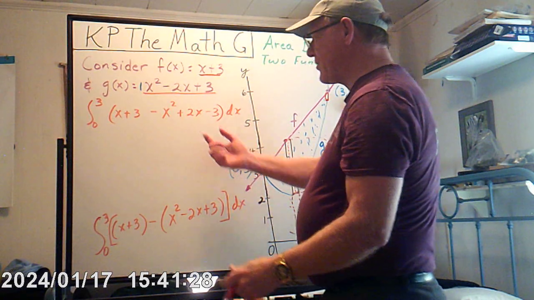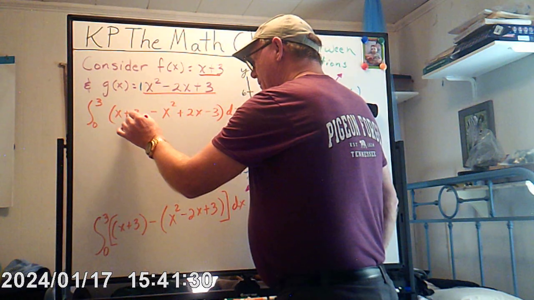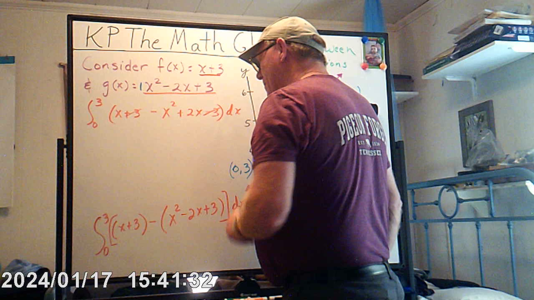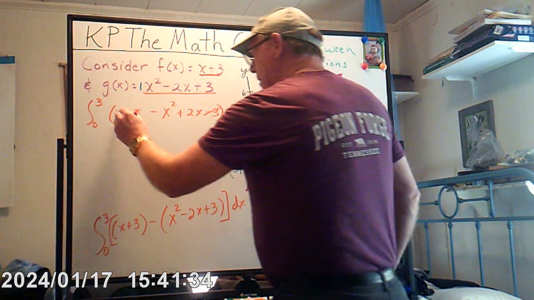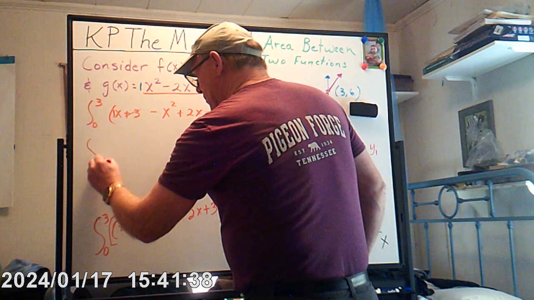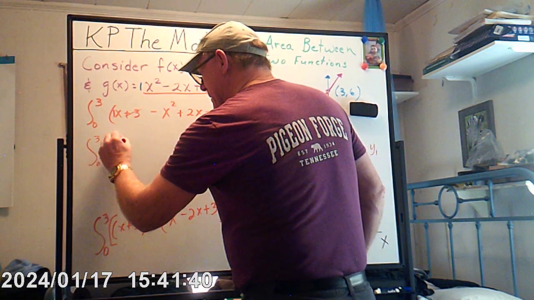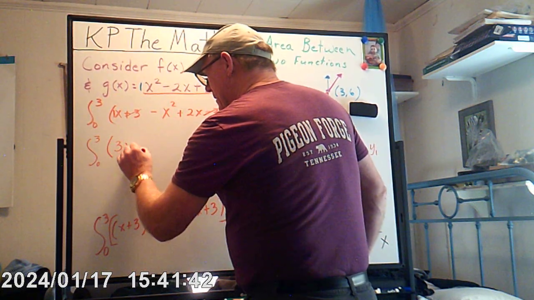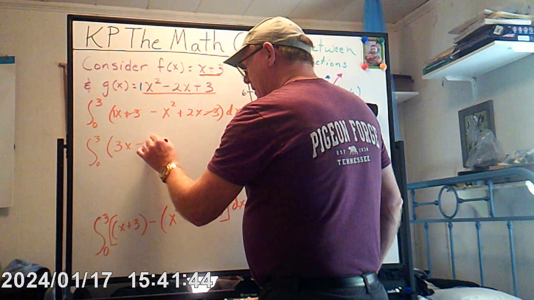Now I think I can still do some work here. 3 minus 3 is 0. So I'm left with 1x plus 2x. I'm left with 3x minus x squared.